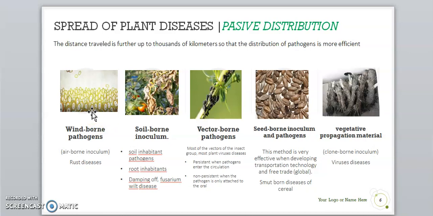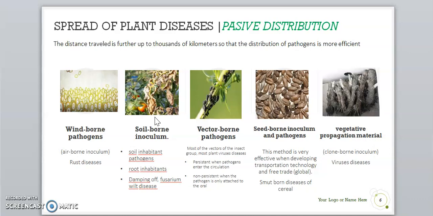For example, the rust disease and anthracnose disease are spread by wind. And then soil-borne inoculum, like Fusarium and Phytophthora.